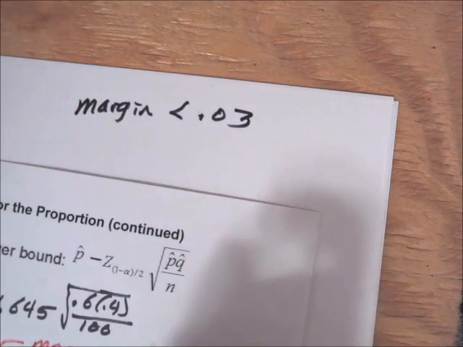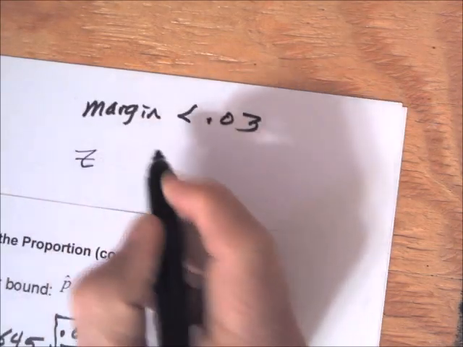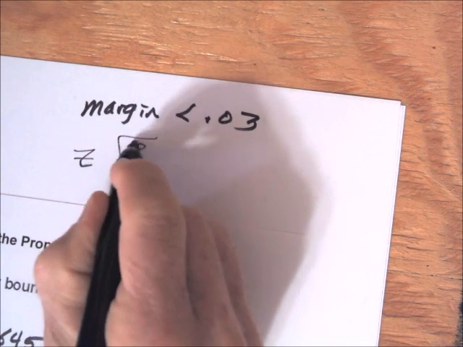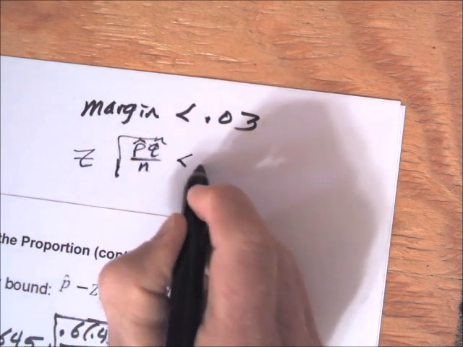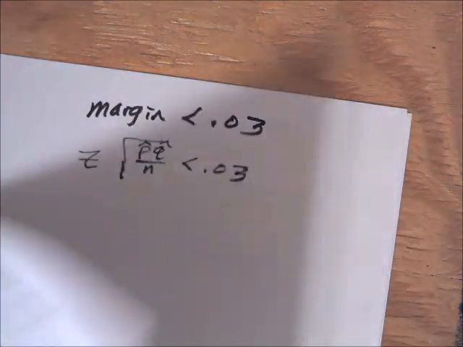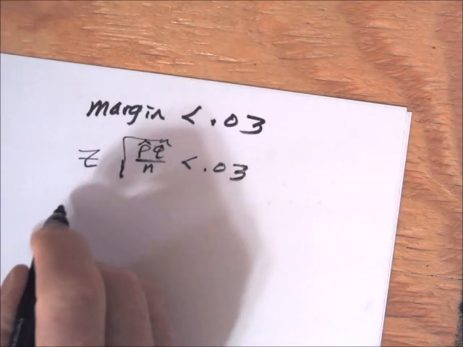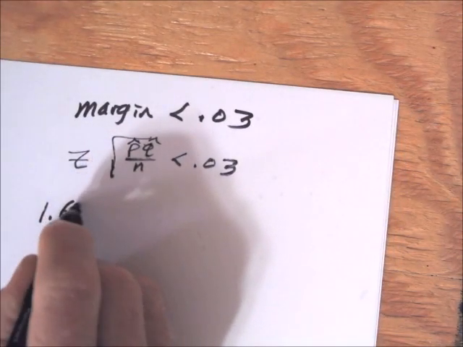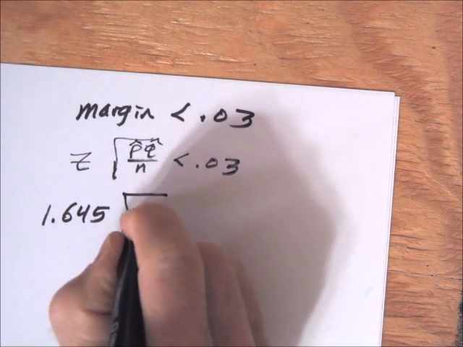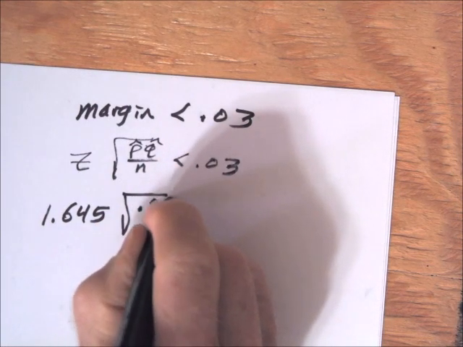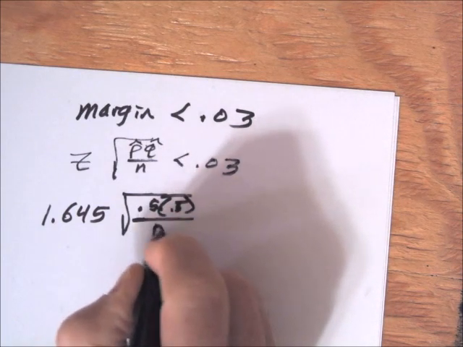So this piece here is the margin of error, so that means that z times the square root of p hat q hat over n has to be less than 0.03. And z, for this problem, for 90% confidence, is going to be 1.645, and p hat and q hat were taken to be 0.5.